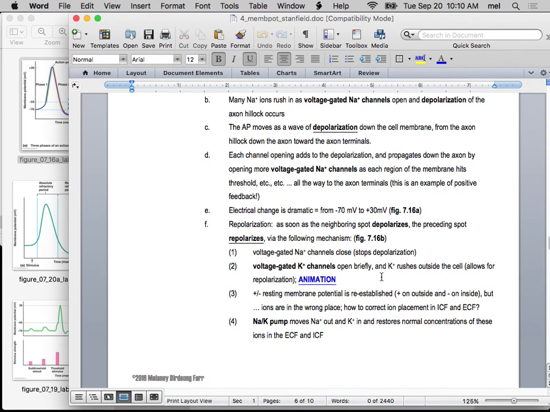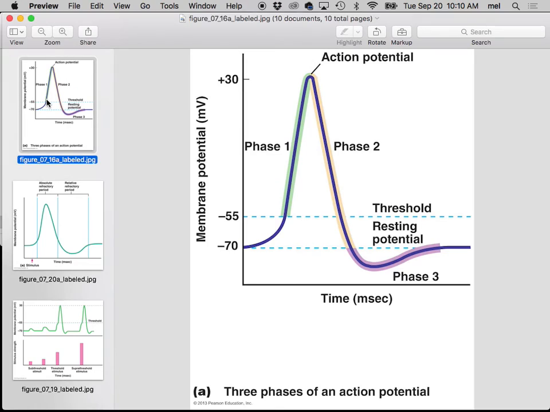The electrical change is super dramatic in an action potential. It can go all the way from minus 55 all the way up to positive 30. Now, I know that crunches some people's brains to figure out how you can flip the charge. But all it really is, if you let so many positives in, you can go from being negative on the inside to positive on the inside.